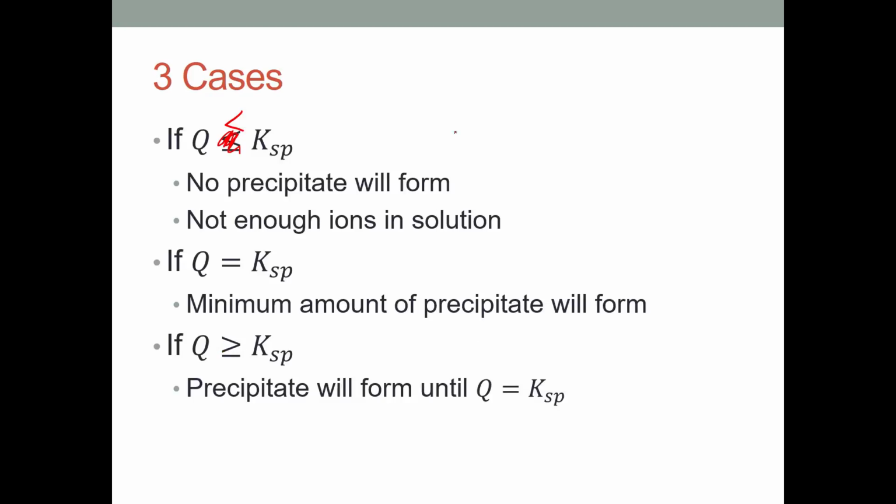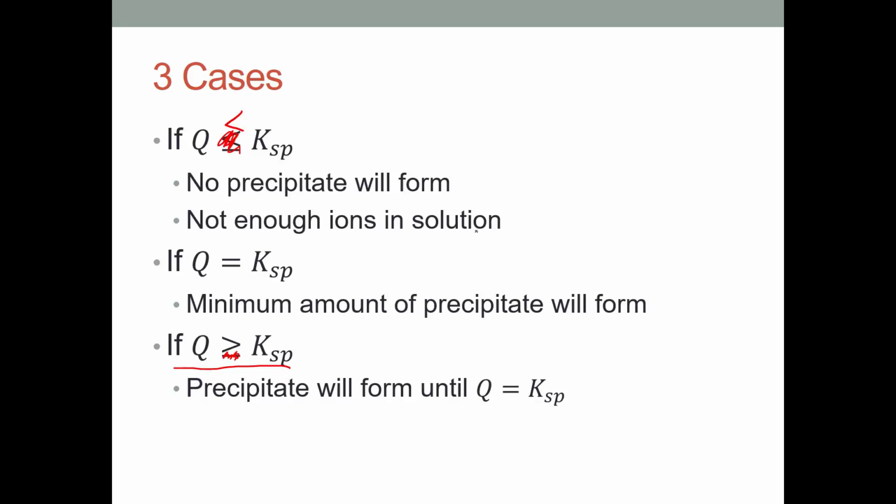So if Q is greater than KSP, then a precipitate will definitely form, and this would look really solid, really cloudy, similar to what you saw in the lab last week, where as soon as you added the carbonate to the copper chloride, a bunch of solid cloudy material appeared. That's this situation here.